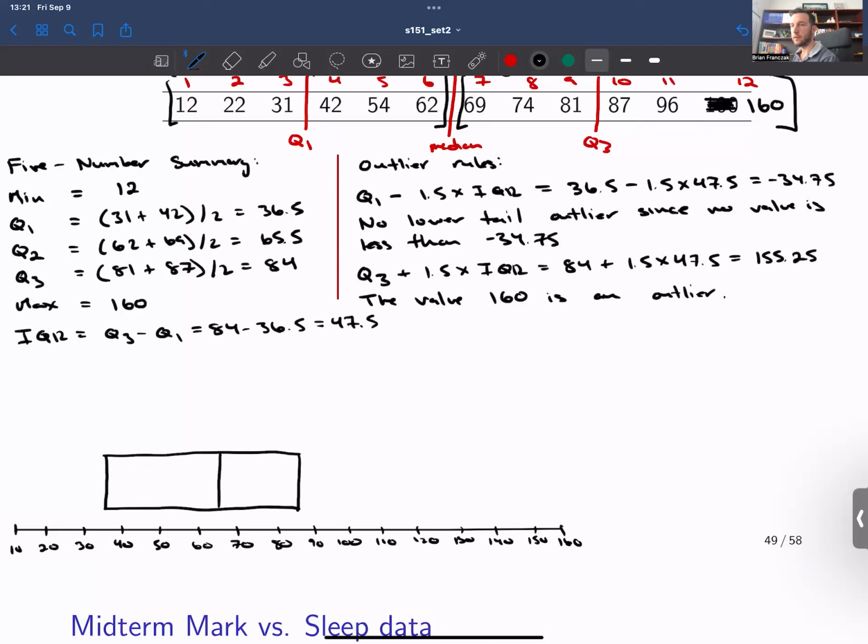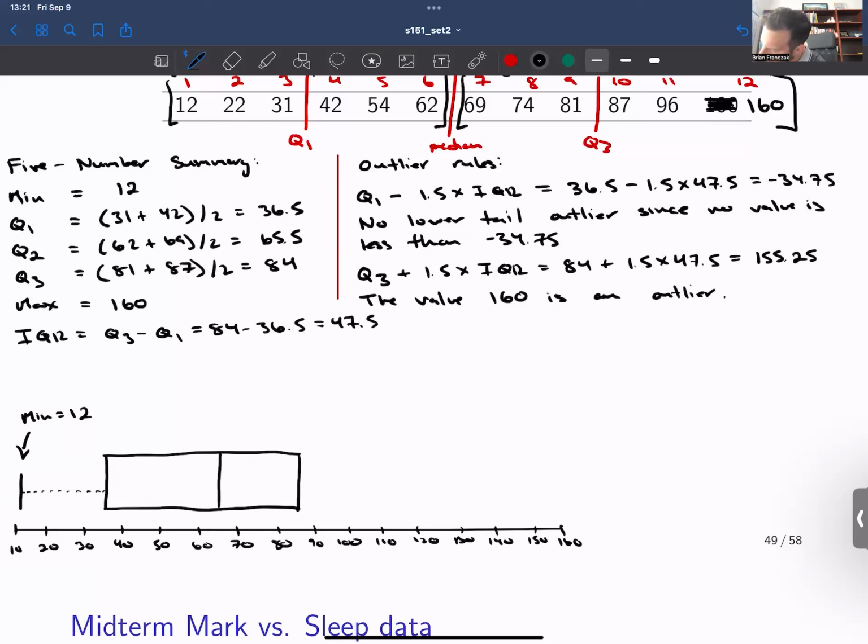Now, to construct the whiskers and the outlier, for the lower tail we did not detect any outlying point. So our marker goes to the minimum value in the data set. The tail, or the whisker, is going to be at the minimum, which is equal to 12.